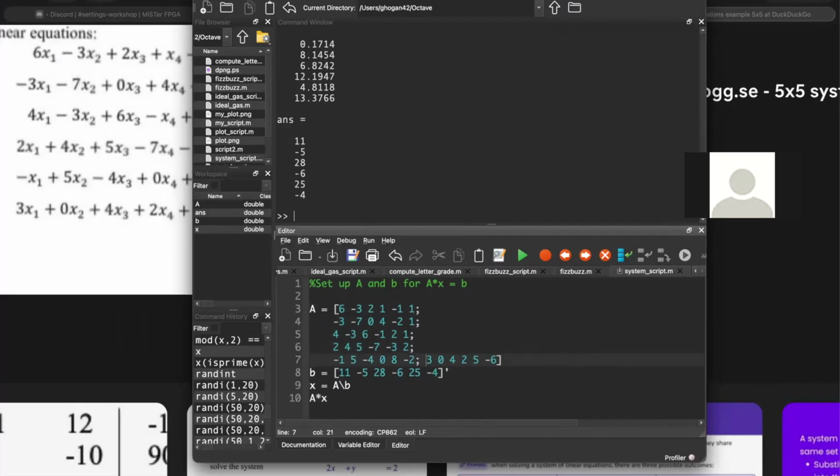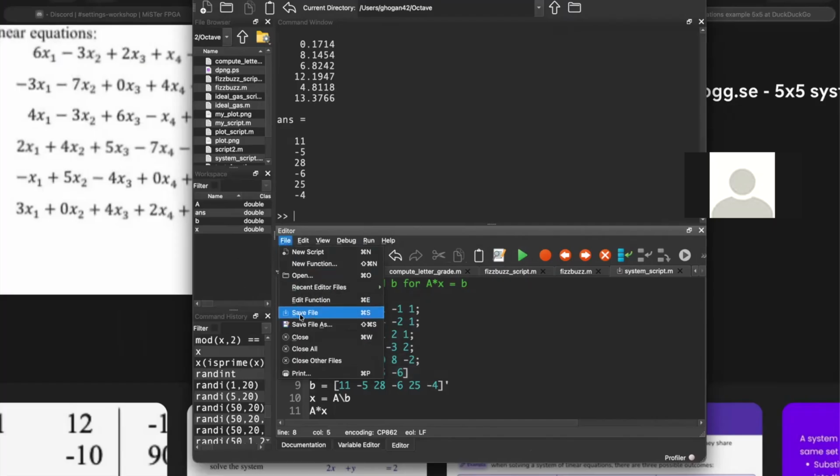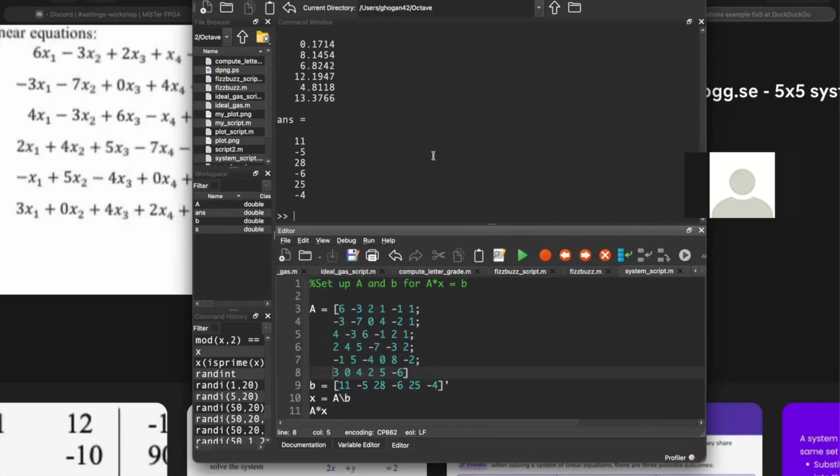Let's see, file save. And you see it works okay just like that as well. So you could type it in vertically, lining things up if you care to. You have to be careful, the negatives will kind of ruin you when you're trying to line things up.